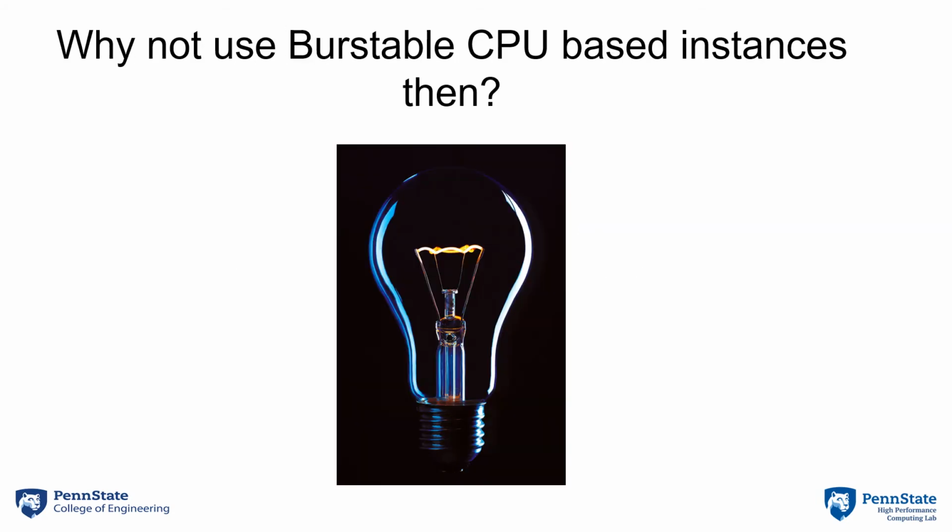Hence, there is a need to use burstable CPU based instances for driving low CPU utilizing workloads like MapReduce, or any workload which has a low average CPU utilization but a pattern of peak CPU utilization followed by lower CPU utilization.